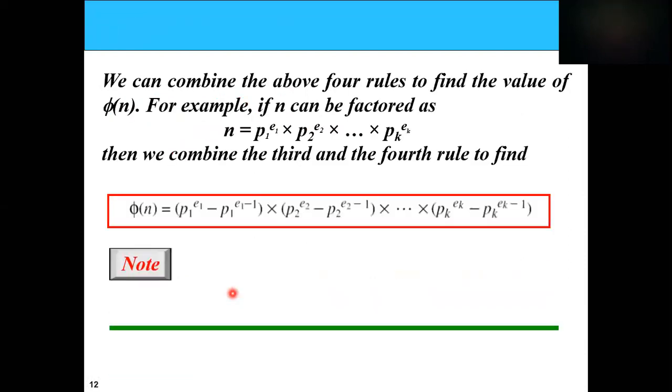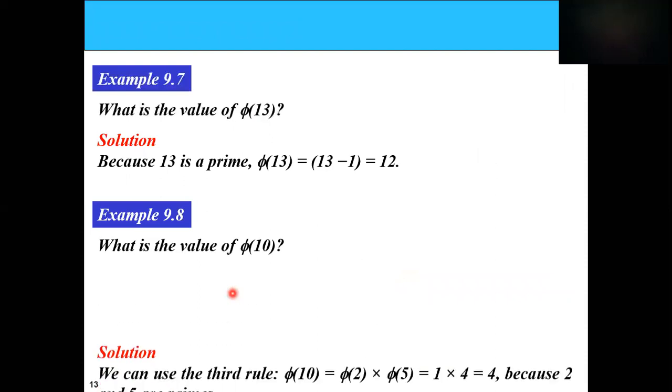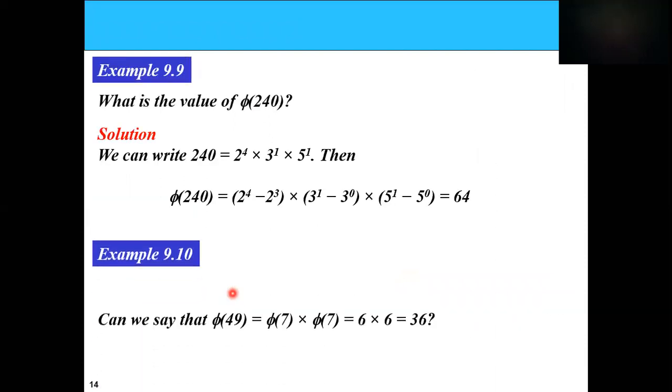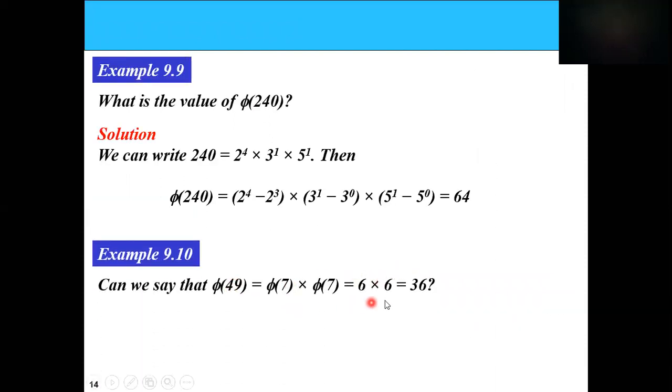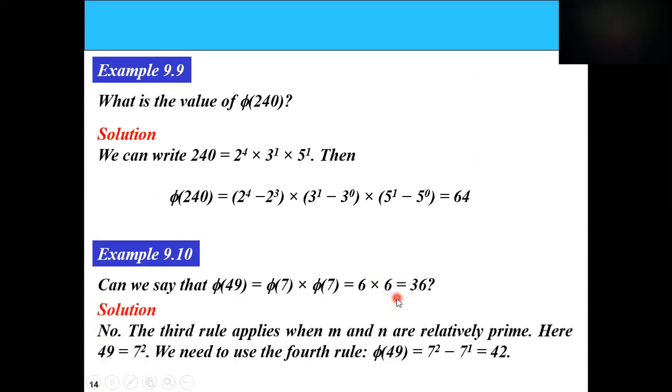So, dear student, in that example, you cannot write like this. You can write it only if the factors are relatively prime. So we will use the fourth rule that is available on slide number 11. Phi of 49 is 7 to the power 2 minus 7 to the power 2 minus 1.